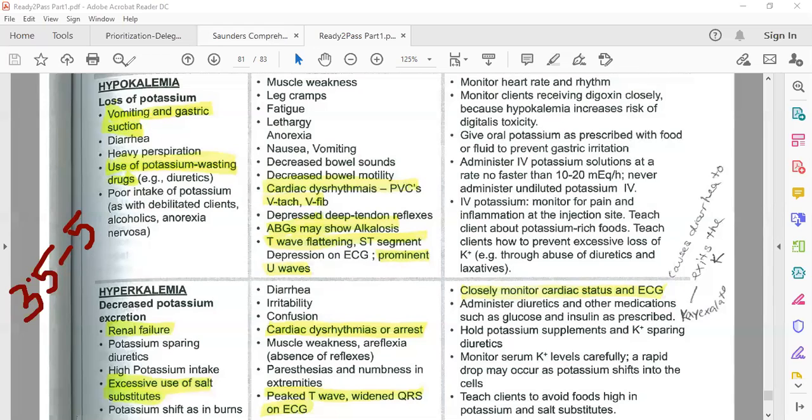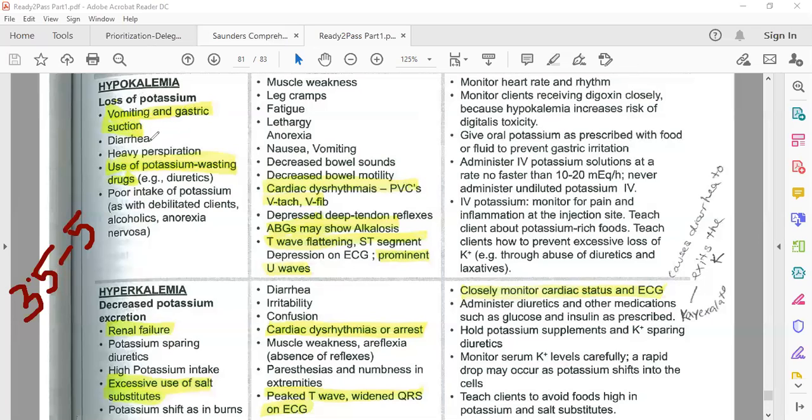So what are the causes of hypokalemia? Frequently asked question, my friend. Like GI losses, gastrointestinal loss. What are the causes of gastrointestinal losses? Like vomiting or gastric suction or diarrhea.